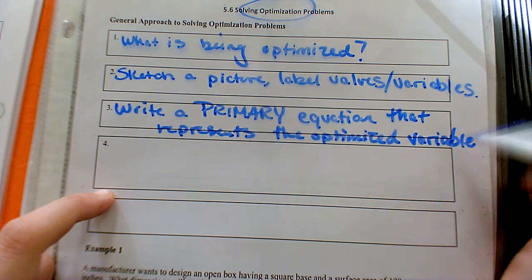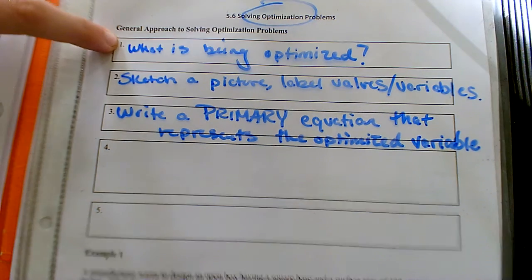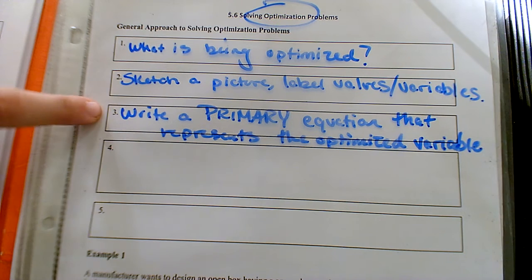So if we're trying to maximize volume, we're going to write a volume equation. If we're trying to minimize distance, we're going to write a distance equation. So whatever it is you identify in part 1, that's the type of equation that we need to figure out.